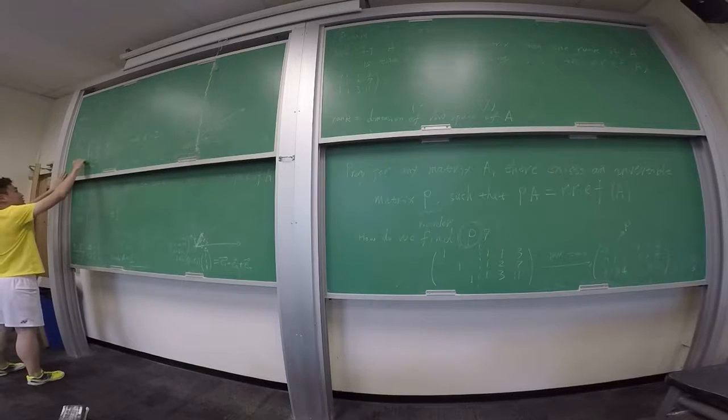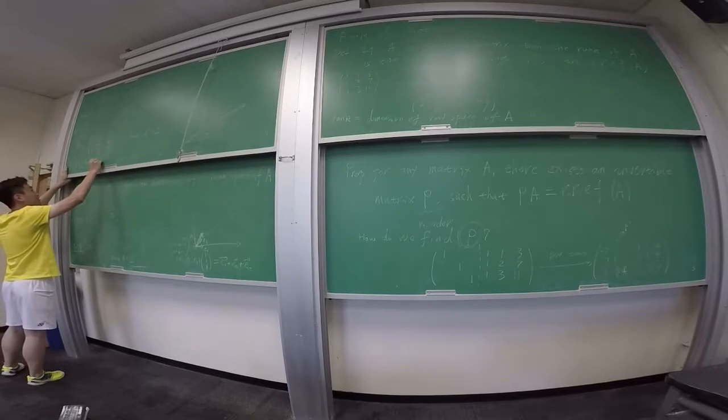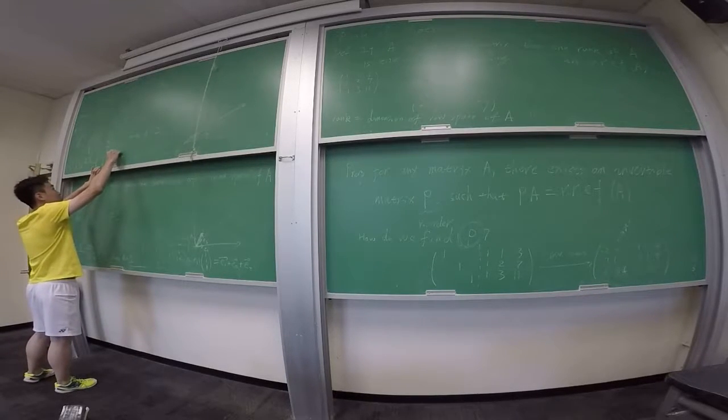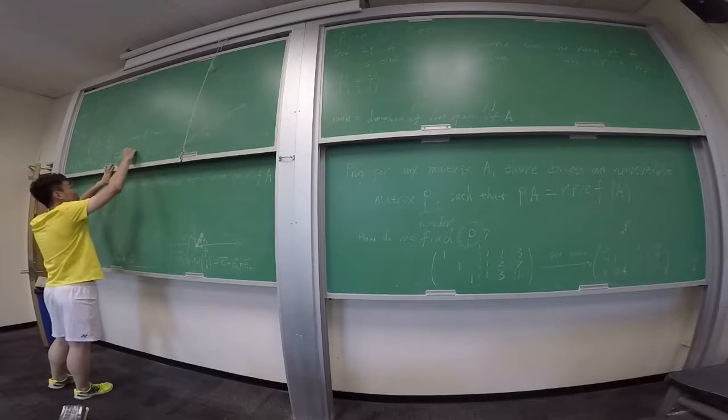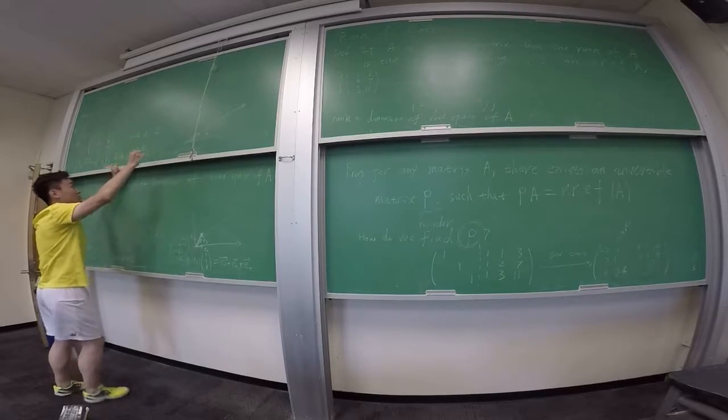What we do is the second row minus the first row and the third row minus the first row, and what you get is 1, 1, 1; 0, 1, 3; and 2, 6. Then using the first row minus the second row and the third row minus 2 times the second row, what you get is 1, 0, 1; 1, 0, minus 2; 1, 3, and 0, 0. So you have 2 leading ones. So the rank of A is 2.